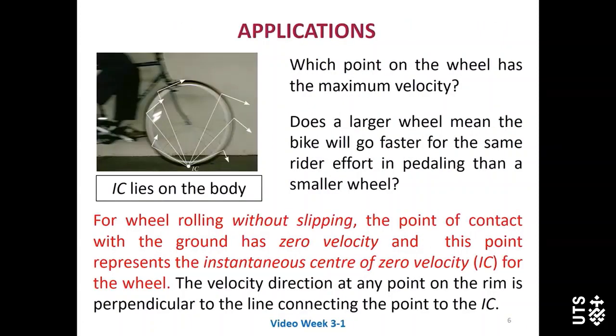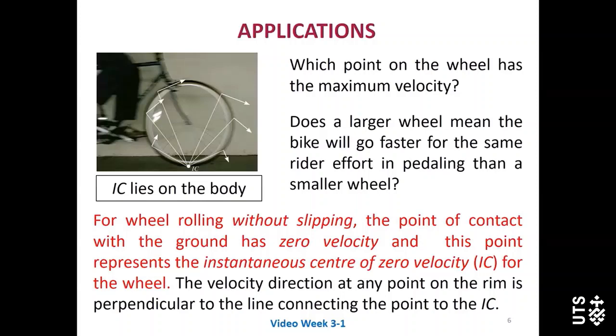Let's have a look at two cases. In the first case here, you can see a wheel. This wheel is rolling on the ground. We already know for a wheel or a cylinder, they are rolling on the ground because the velocity of the ground is 0.